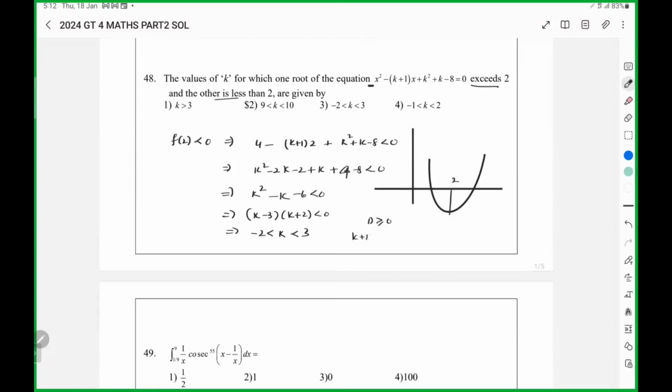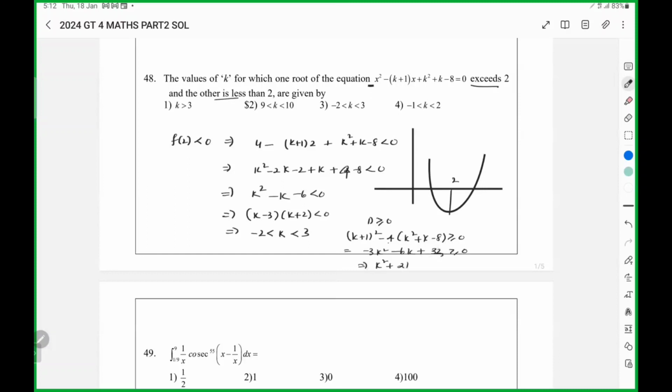That is k plus 1 whole square minus... positive here minus 3k square, 2k minus 4k, 1 plus 48, 32 plus 1, 33 greater than 0.